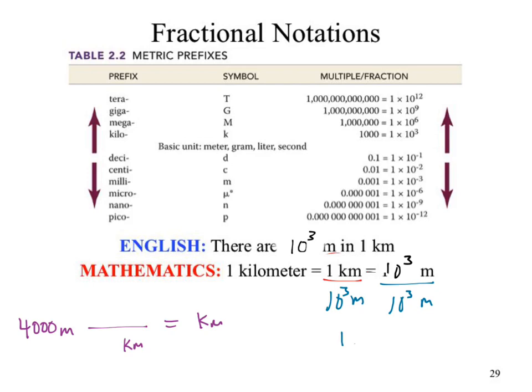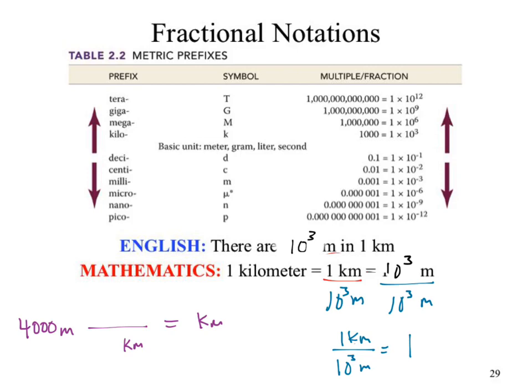And I'd get 1 kilometer over 10 to the third meters equals 1. What is 1 times 6? 6. 1 times y. Y. Okay, so if I multiply anything by 1, it doesn't change the identity of the thing, right?